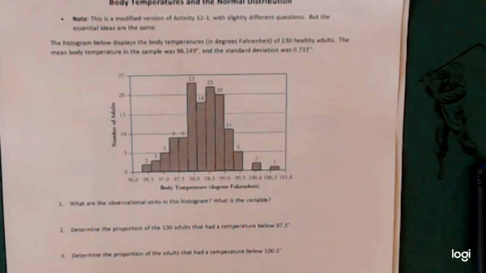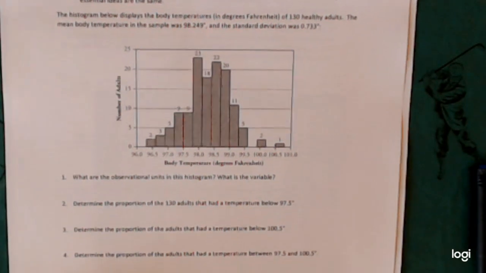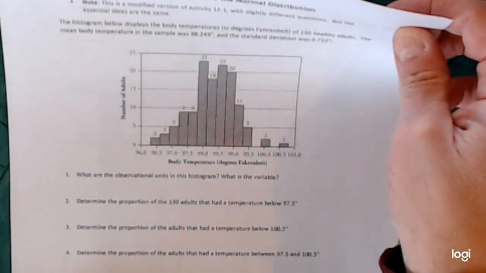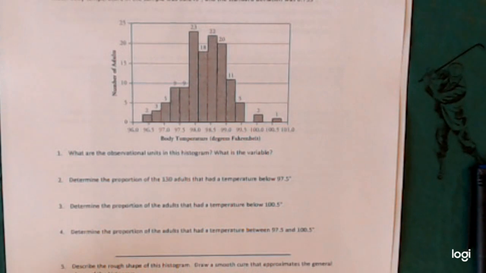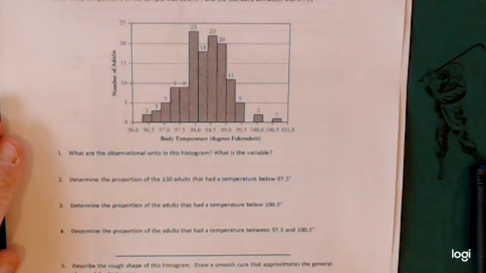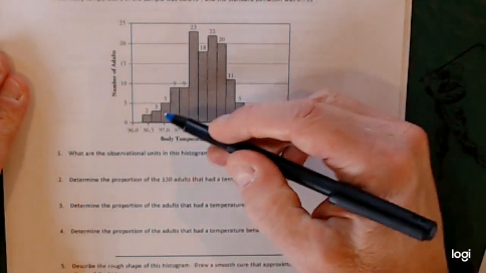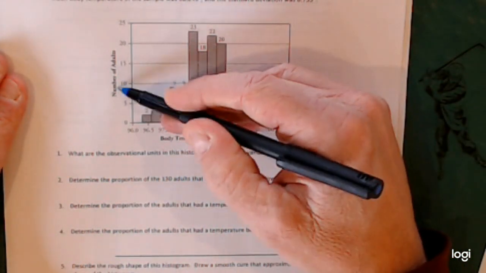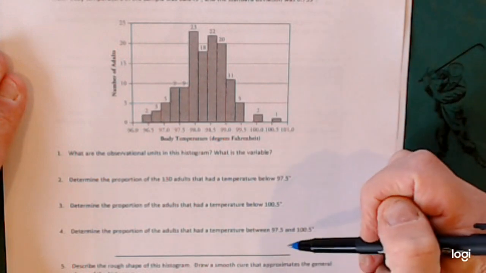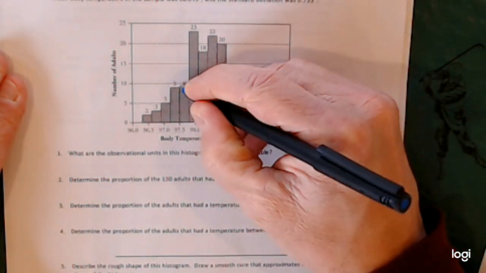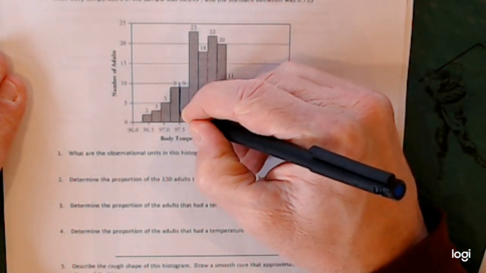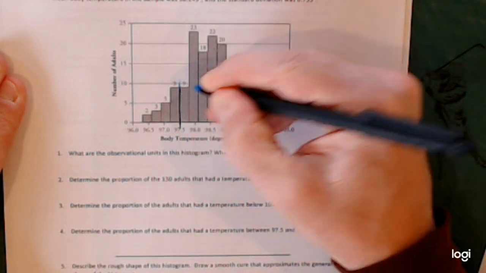Questions 2, 3, and 4 on the activity are review about reading histograms. It says determine the proportion of the 130 adults that had a temperature below 97.5 degrees. Remember it's a frequency histogram, so it's giving us the number of adults in each of these approximate ranges, and we're fortunate that 97.5 comes on a nice break point.